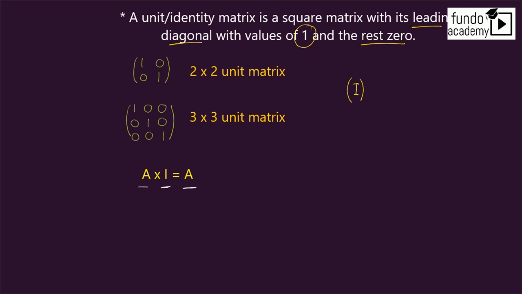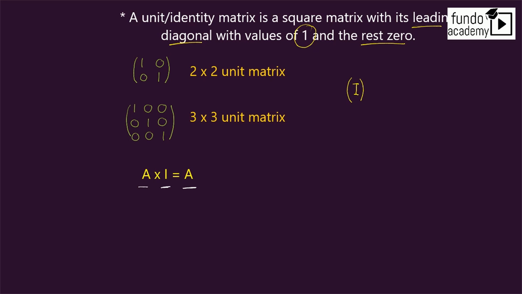Because the matrix I is a unit matrix. If you multiply anything by a unit, in mathematics, the unit is the simplest form of any value of any measurement, then you're still gonna get that value.